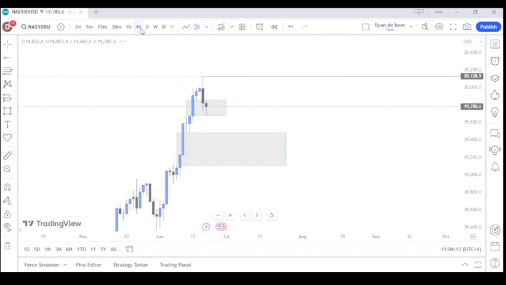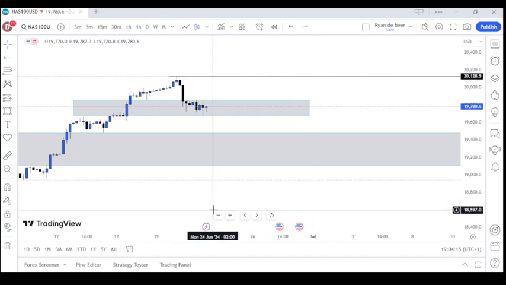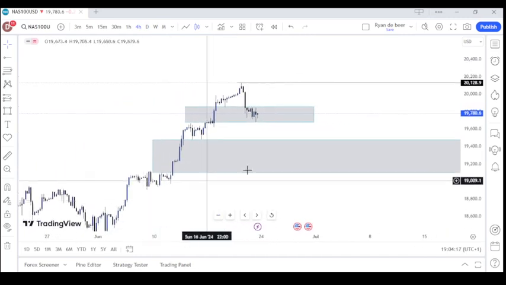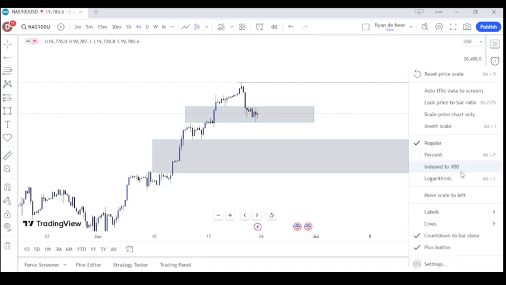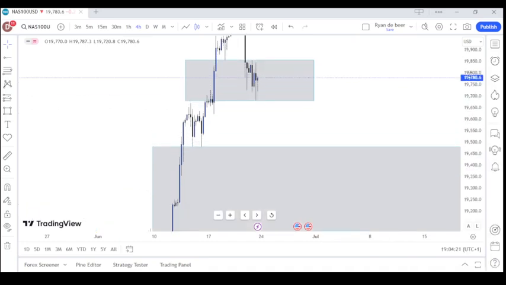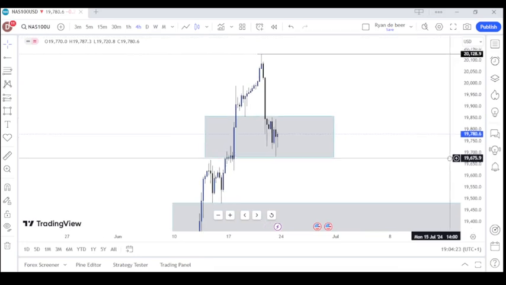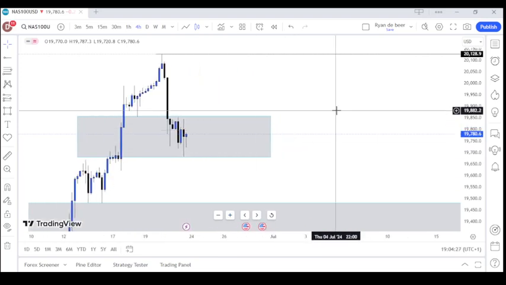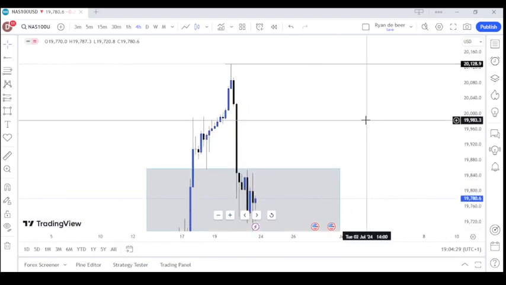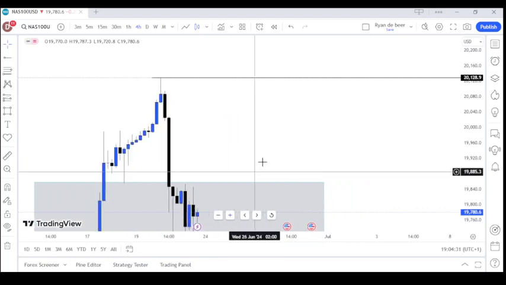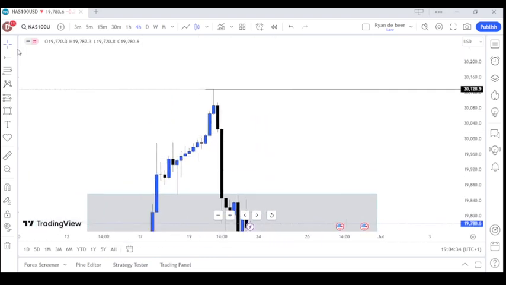On the 4 hour, you can clearly see that we did break structure towards the downside. Right, let me just mark it out for you.